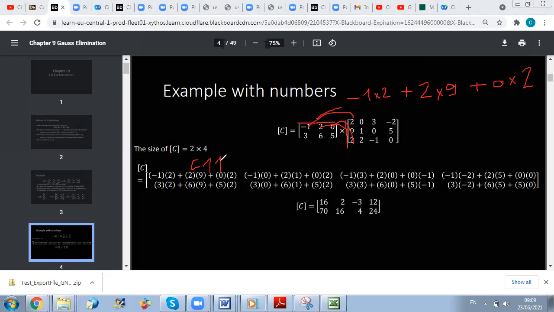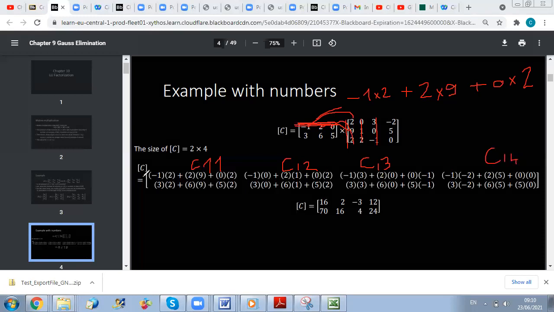Now C12 will be obtained by multiplying the elements of row 1 with column 2, and C13 will be the result of multiplying the elements of row 1 with column 3, and so on. This will be repeated.